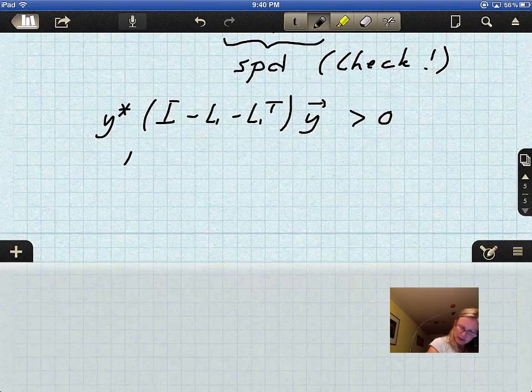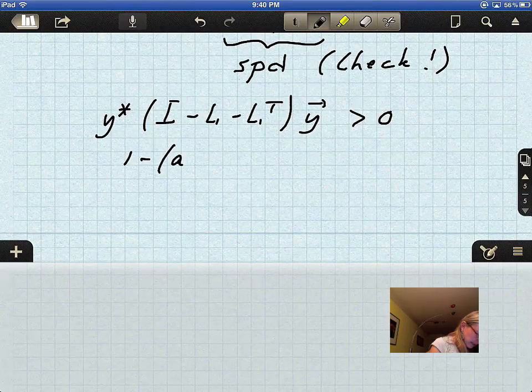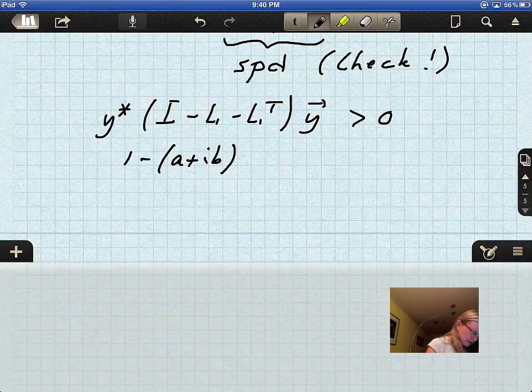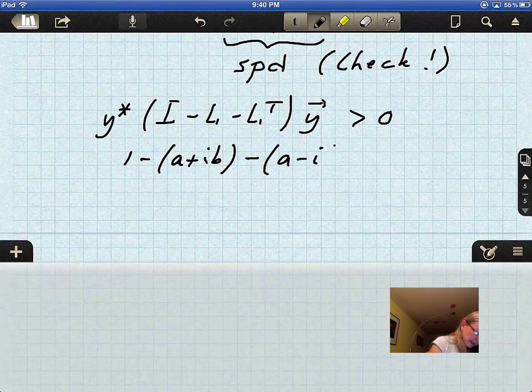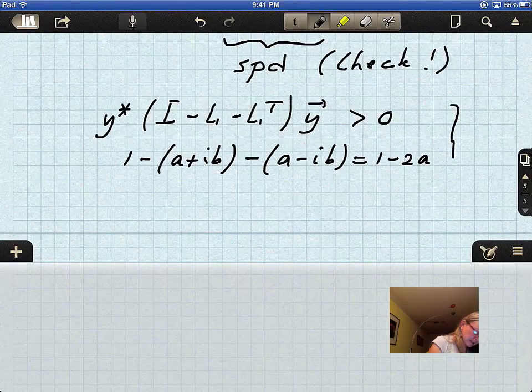The second one gives us y star L1 y, but we know that that's a plus ib. And the third one gives us y star L1 transpose y, so you get minus a minus ib. But this is 1 minus 2a, and so with this, it means we're done.